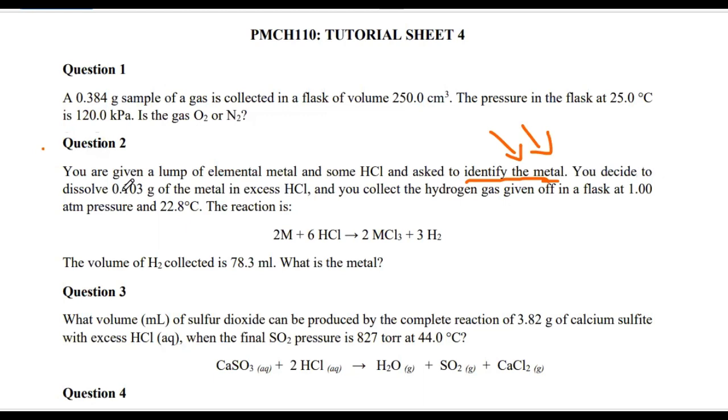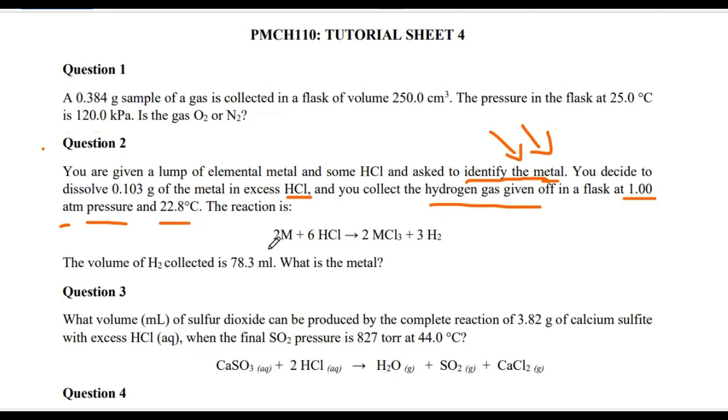Let me continue. You decide to dissolve 0.103 grams of the metal in excess hydrochloric acid, and you collect the hydrogen gas given off in a flask at 1 atmosphere as your pressure, and your temperature is this.